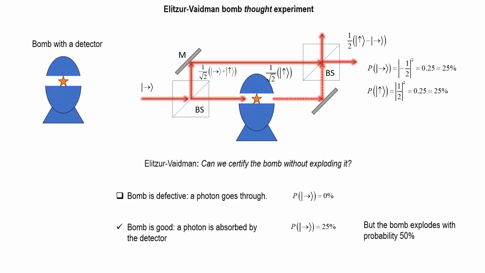Okay, so it means that if I put a bomb in this detector and send a photon to the system, and for example, I detect a photon in the horizontal direction, that automatically means that the bomb is good. 50% of the time, the bomb will explode, but the other half of the times of the experiment, the bomb will stay unexploded, but I will get the photon in the horizontal direction, which means that this is the indication that the bomb is good and stays unbroken, unexploded.